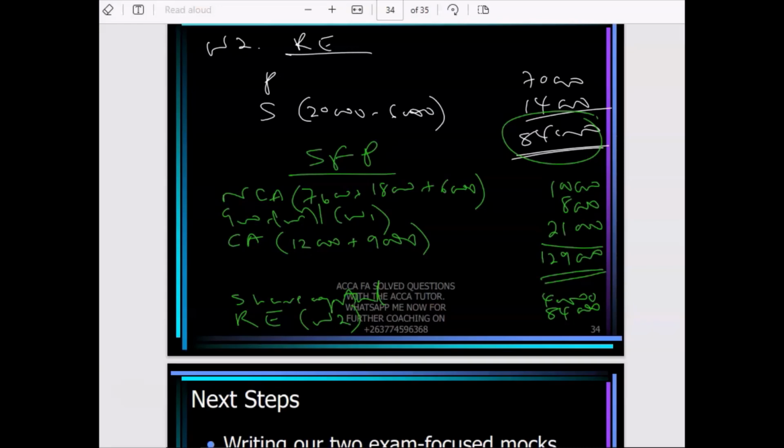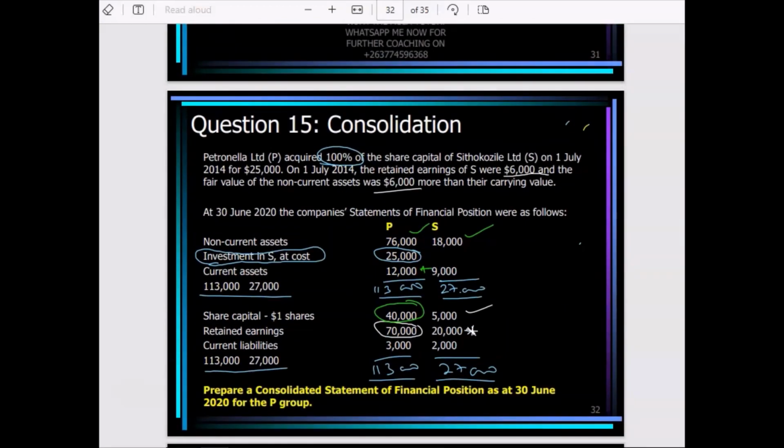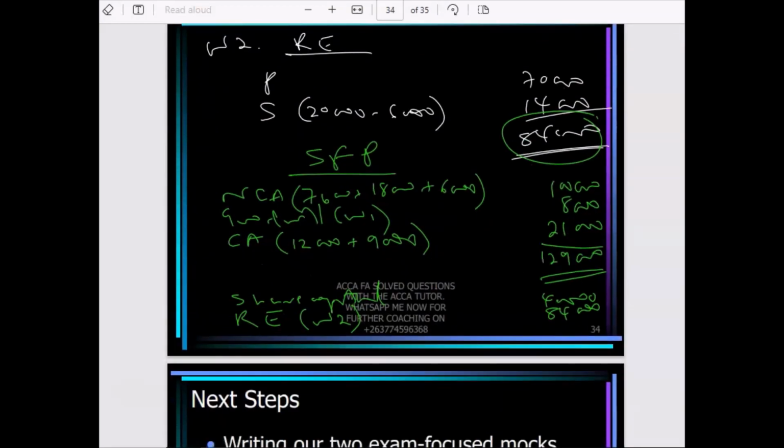Lastly, you add the liabilities. We only have the current liabilities, 3,000 plus 2,000, that's 5,000, isn't it?